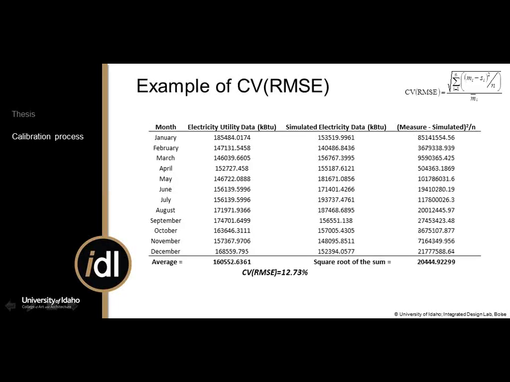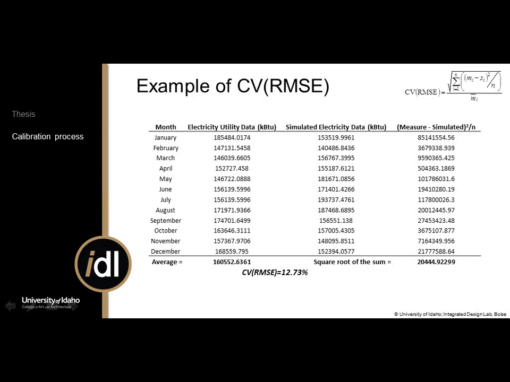But if we take the same data and apply the coefficient of variation of the root mean square error, we see that the variance increases, but the model is still deemed calibrated. In this one, you take a few more steps.